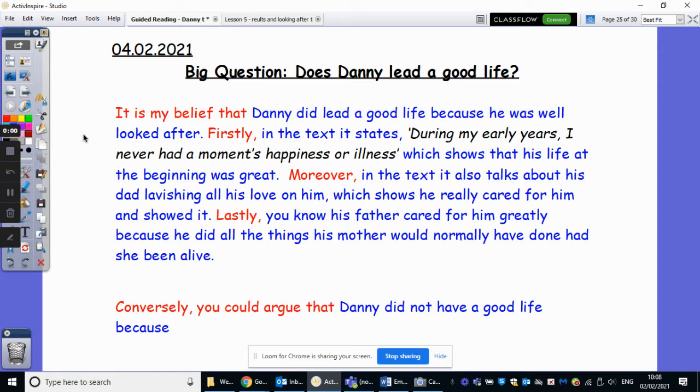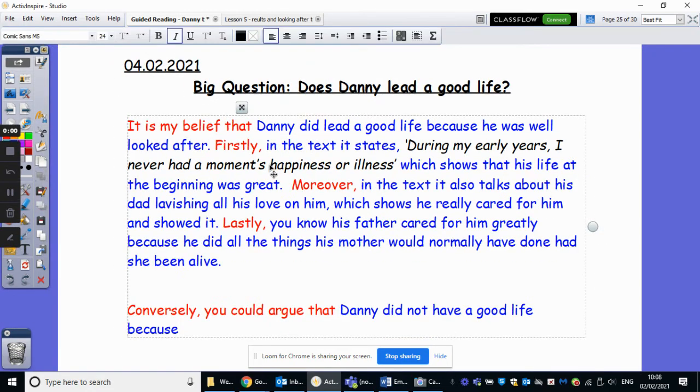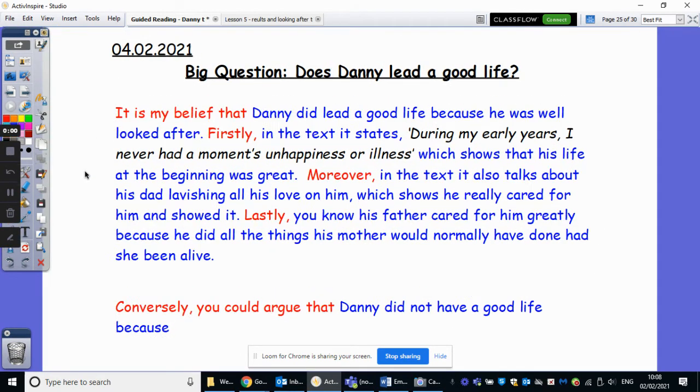During my early years, I've never had a moment's unhappiness or illness," which shows that his life at the beginning was great. Moreover, in the text, it also talks about his dad lavishing all his love on him, which shows he really cared for him and showed it. Lastly, you know his father cared for him greatly because he did all the things his mother would normally have done had she still been alive.